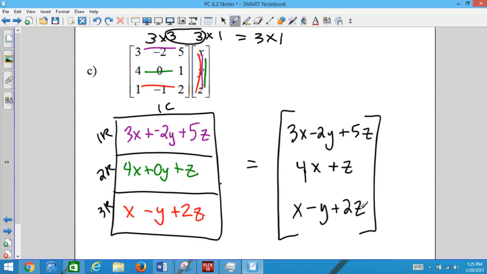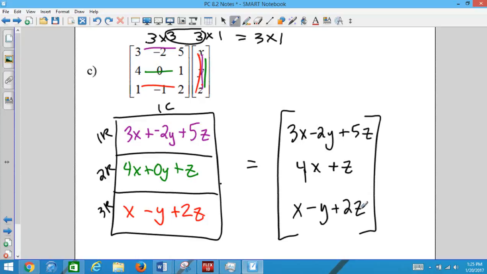And does that look like maybe kind of like what we were doing last chapter with the systems? Yeah, this is why we're learning this, because we're going to apply it to that next week. Not today, though. We're just learning procedures today.